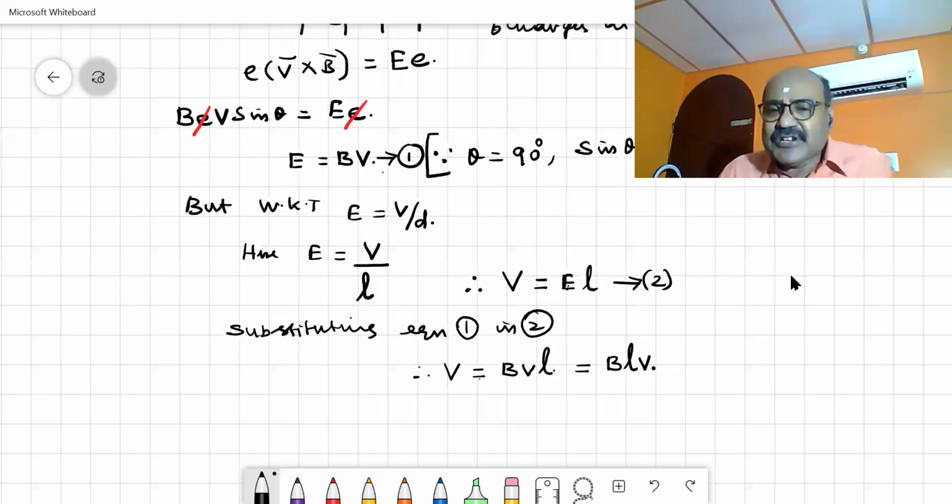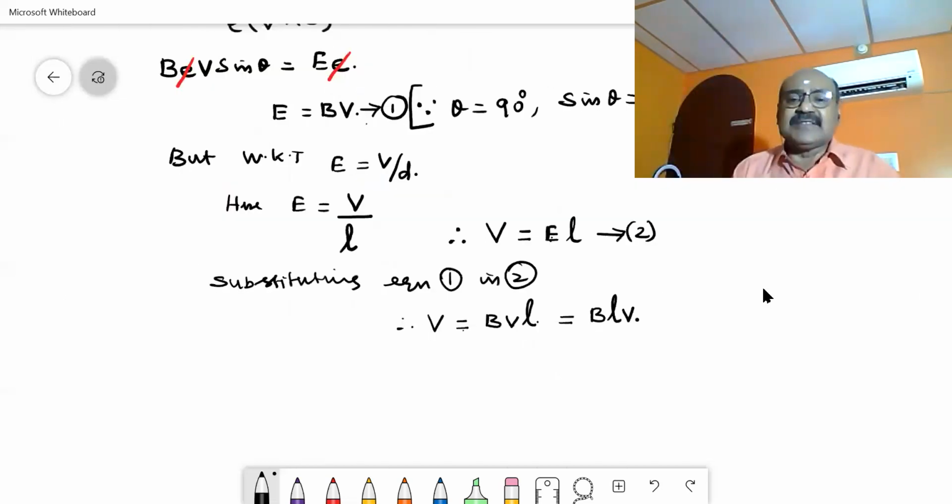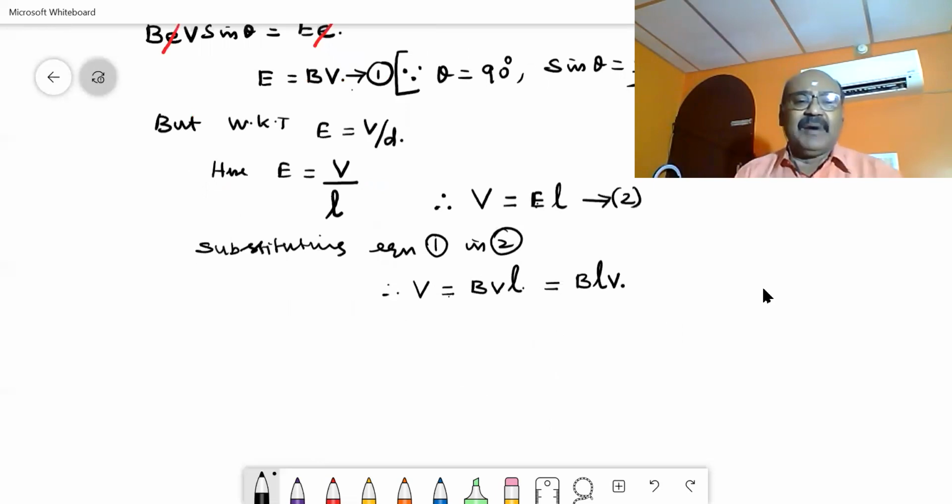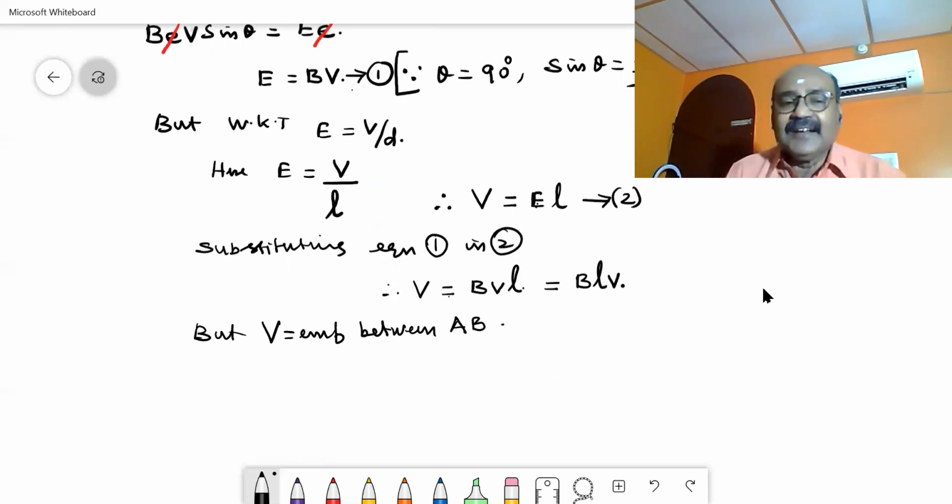Usually, the potential difference between the two ends is taken to be the EMF. But we can state V is taken to be the EMF developed between the two ends of the conductor AB. If that is the case, then this EMF developed is represented as E. Therefore, this equation can be written as EMF E is equal to B into L into v.